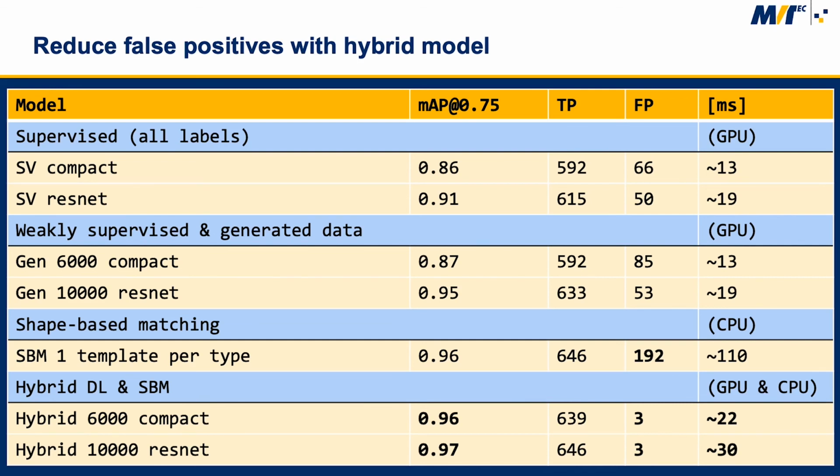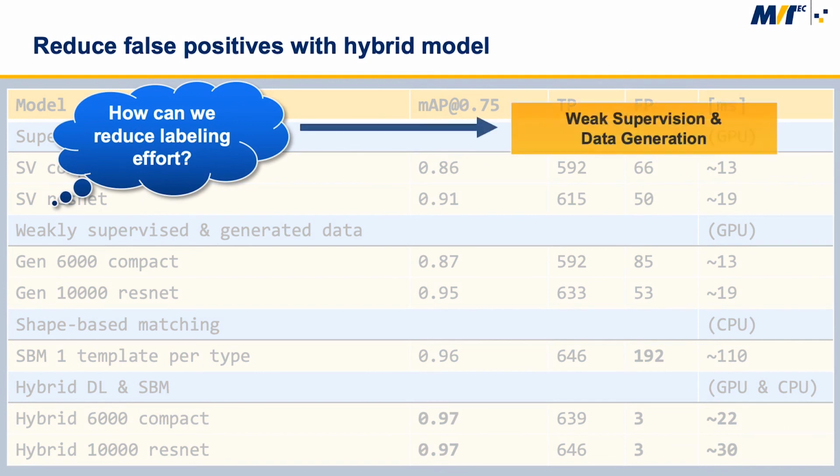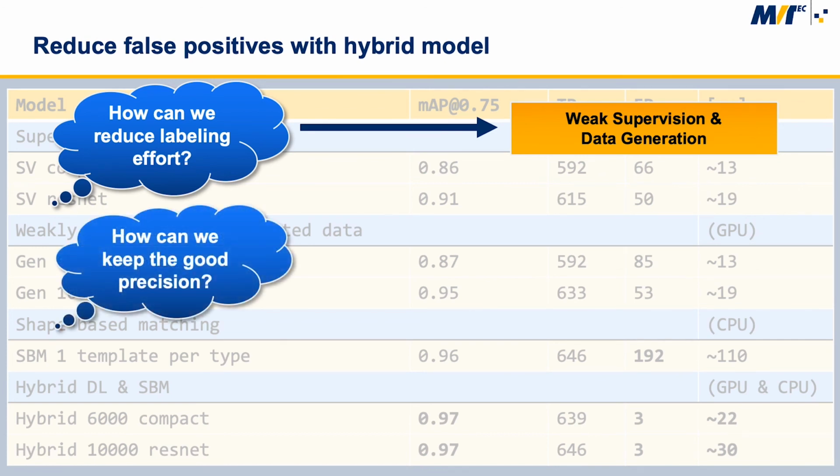So let's come back to the questions that we raised in the beginning. The first was, how can we reduce the labeling effort? And the answer was that we can use weak supervision and data generation to generate large data sets with HALCON. The second question was that if we reduce the labeling effort, how can we keep the good precision?